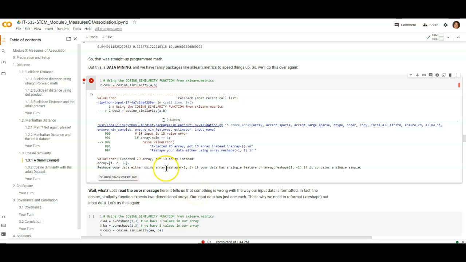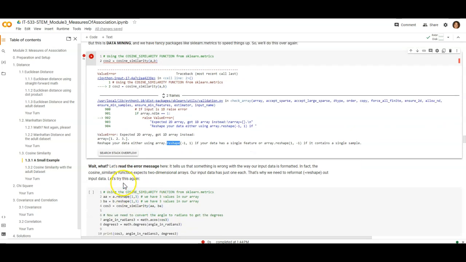So what this tells me is I need to reshape something, which means my data is in the wrong format. Oh, I probably did not pre-process my data correctly, right? So reshaping, in fact, is part of pre-processing. So let's try this again. We are going to reshape our data because our data contains a single sample.